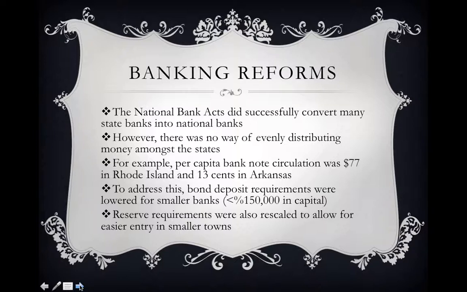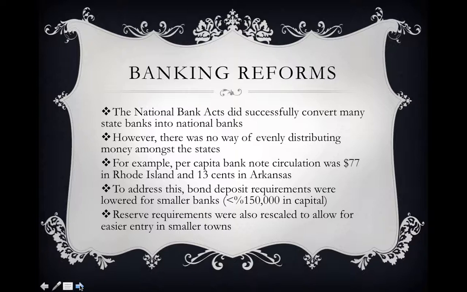For example, Rhode Island had quite a few national banknotes, about $70 per capita circulating in Rhode Island versus only 13 cents in Arkansas. So their notion of trying to have uniformity amongst the states, they never really addressed that issue. There wasn't a uniformity of national banknote issue.